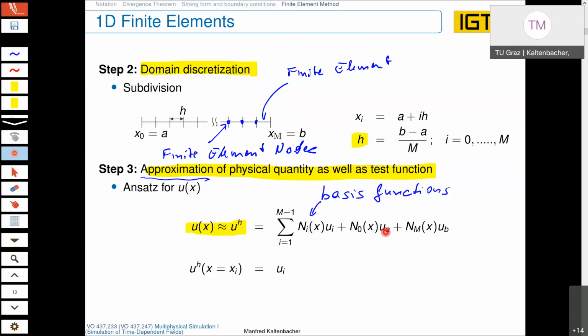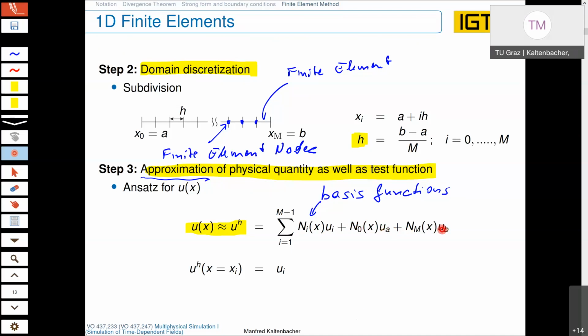We know the value in advance at the left boundary and at the right boundary, and you see that we also apply there a basis function and multiply it with the correct value we have for our physical quantity at the boundary on the left and the boundary on the right of our computational domain.